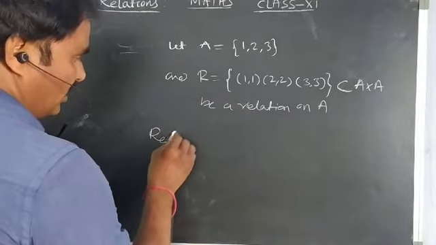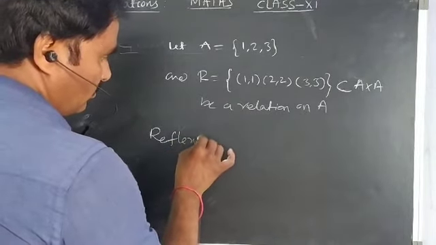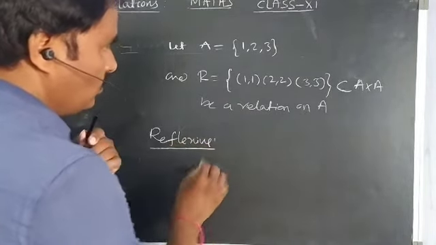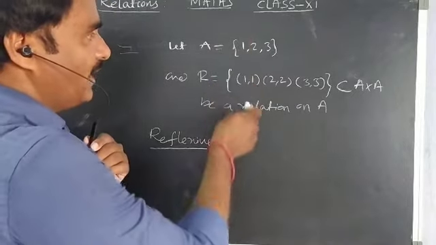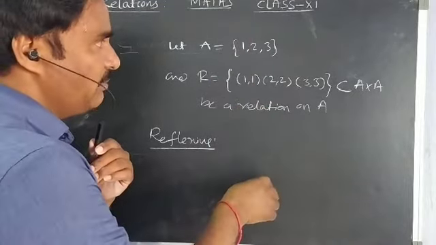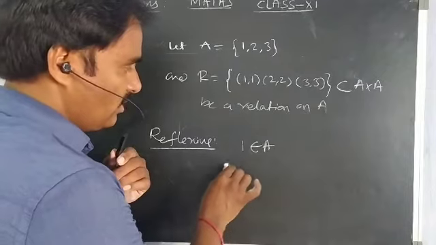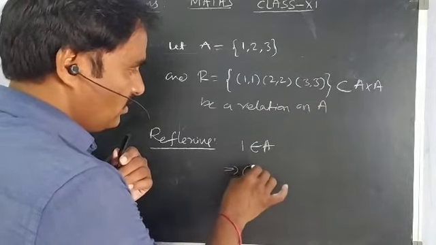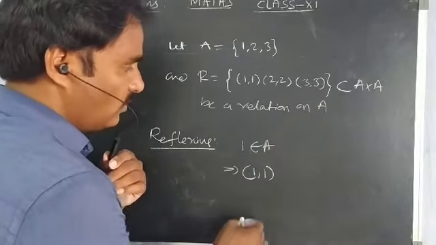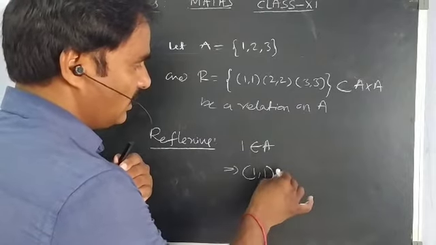First condition, I am going to check reflexive. How to check reflexive? Take one element from A and construct an ordered pair with the same element and check whether that ordered pair belongs to R or not. So I am taking 1 belongs to A. I construct the ordered pair (1,1). Does it belong to R? Yes. Next I am taking the second element, construct the ordered pair (2,2).